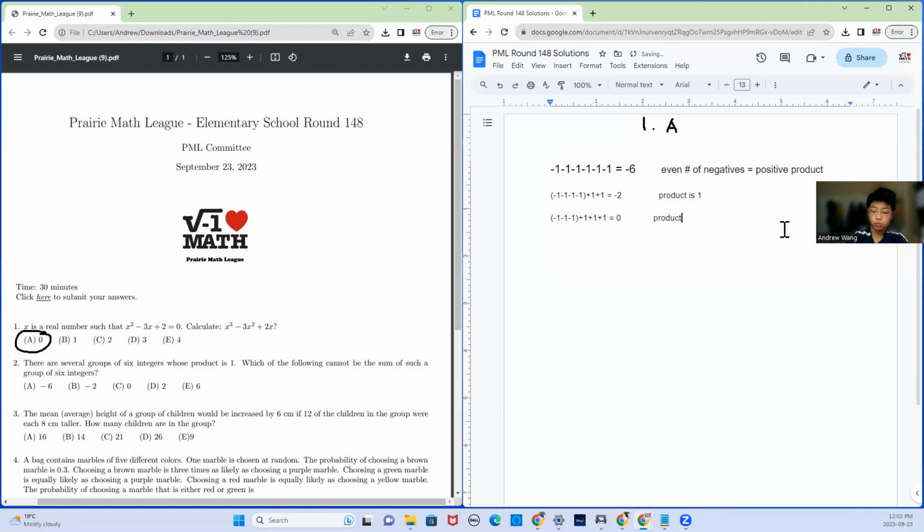So the product won't be 1, it will be negative 1. And since the group of 6 integers must have a product of 1, and this one is negative 1, that means this cannot be the sum of such a group of 6 integers. So the answer is C, 0.